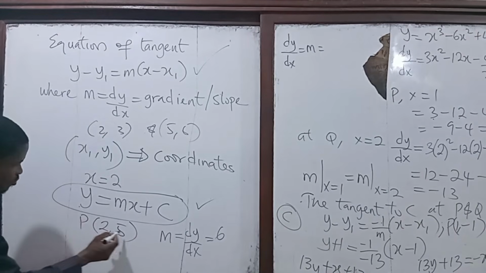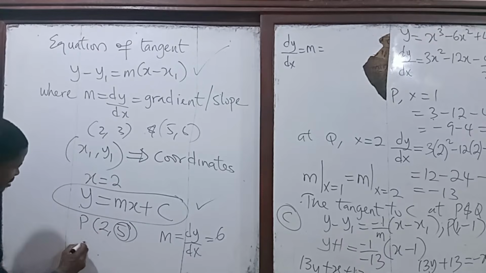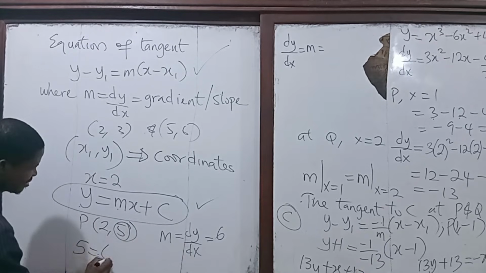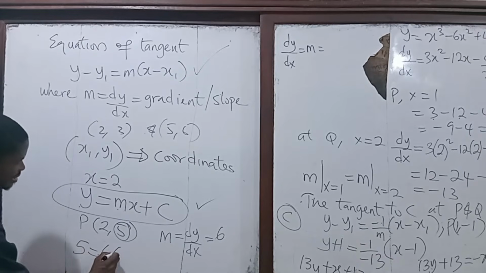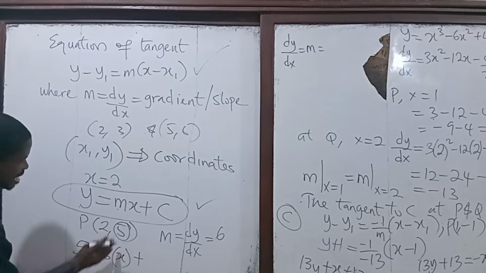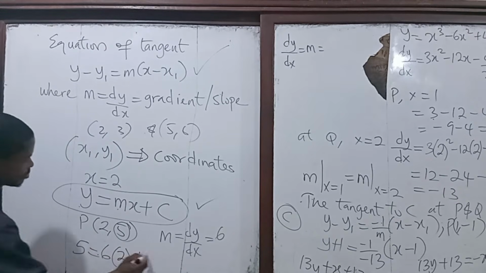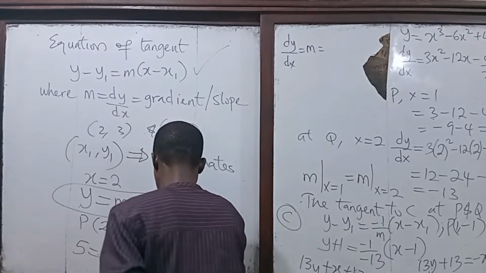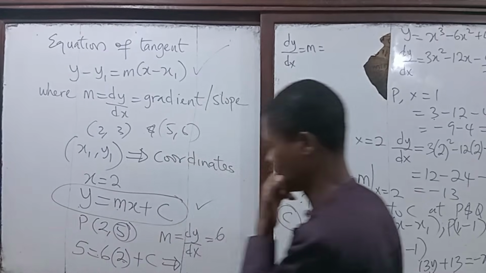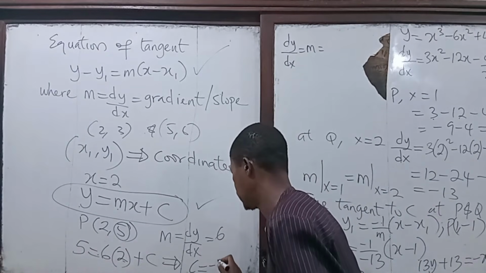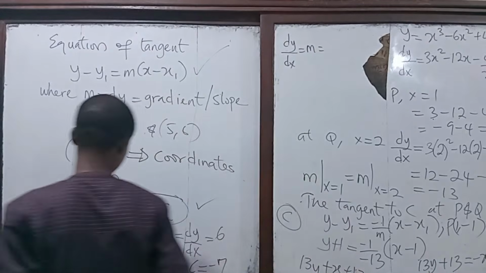Your y will be 5, your m is 6, times x, and your x is 2, plus c. Then you make c the subject, which will be c equals minus 7.